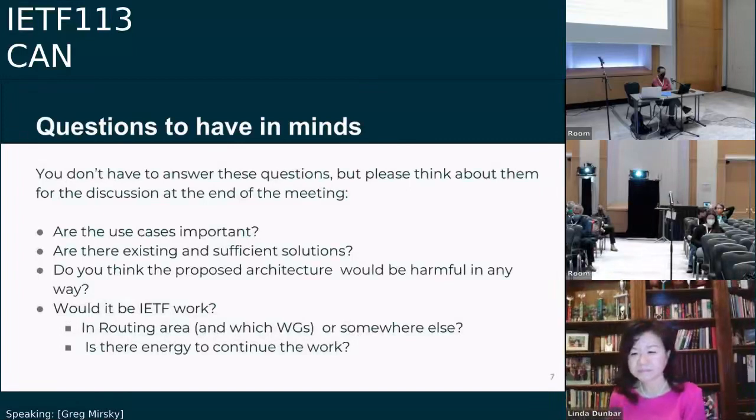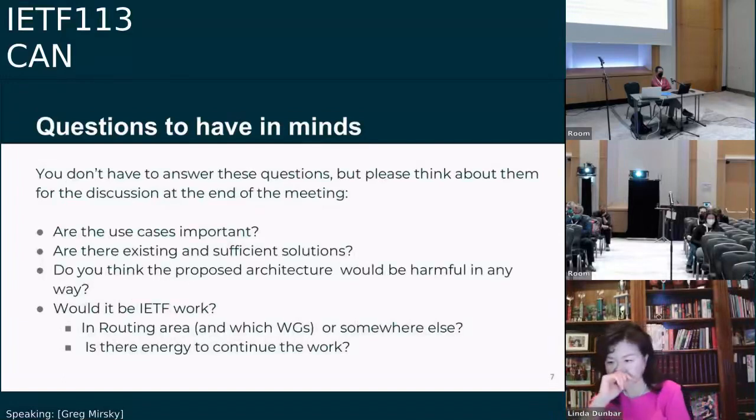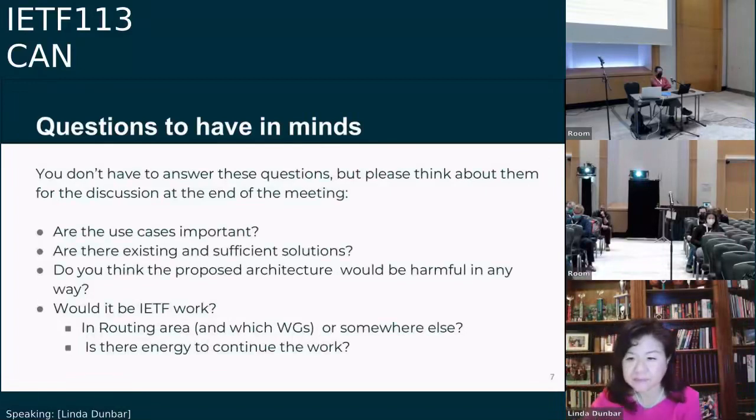But I'm not sure that if this is about a performance metric, the routing area is the right place. I would point to the IP Performance Measurement working group that works on various performance metrics and the measurement methods, active and hybrid as well. So if there is anything to do with a new performance metric that expresses or reflects computing resources, then it might be the IPPM working group.